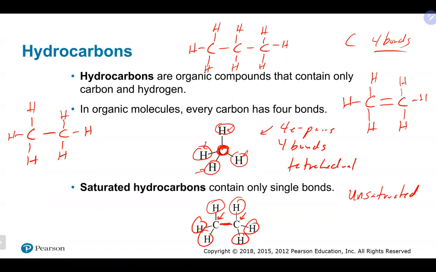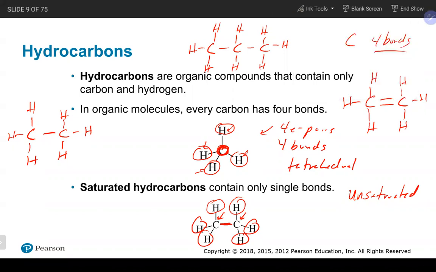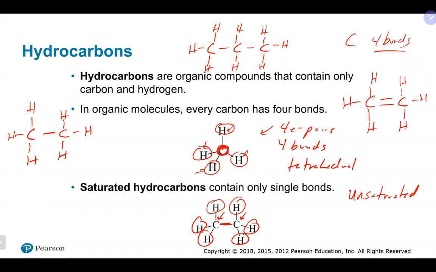So every time you make a bond, either a double bond or a triple bond, between 2 carbons in an organic compound, what always happens is each carbon loses a hydrogen to basically make room. So this guy would lose a hydrogen, and this guy here would lose a hydrogen. And now we have this guy, which has a double bond.